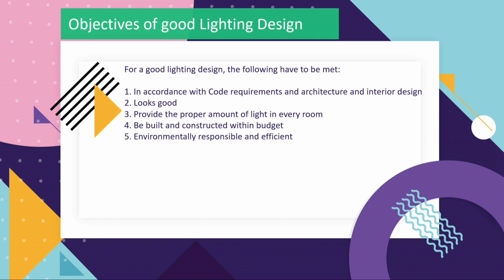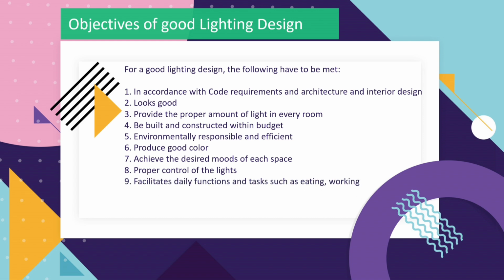Fifth, environmentally responsible and efficient. Sixth, produce good color. Seventh, achieve the desired moods of each space. Eighth, proper control of lights. Ninth, facilitates daily functions and tasks such as eating and working. Tenth, enhance communication. Lastly, easy to maintain.